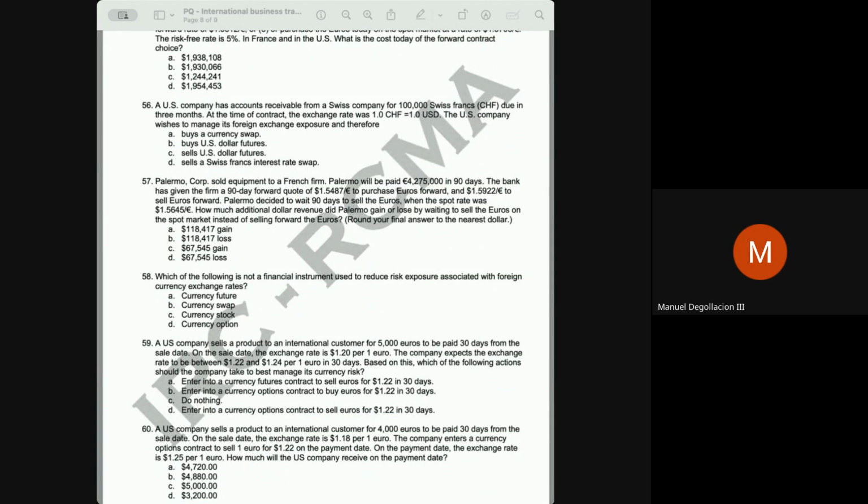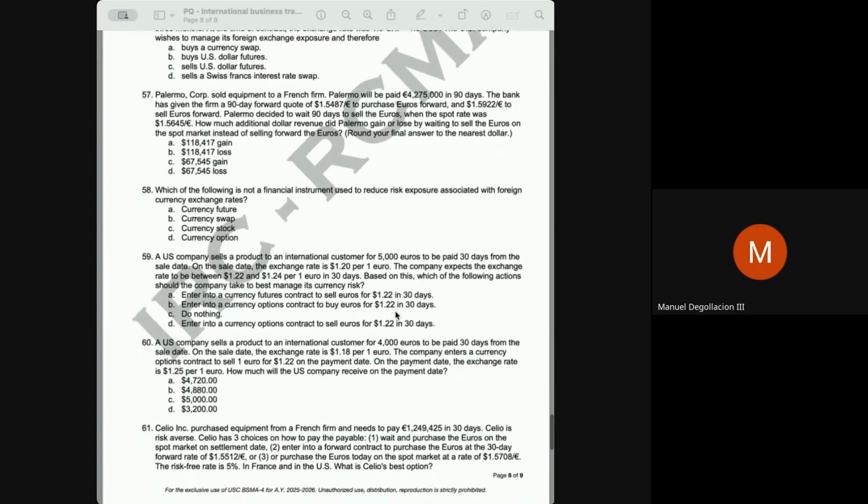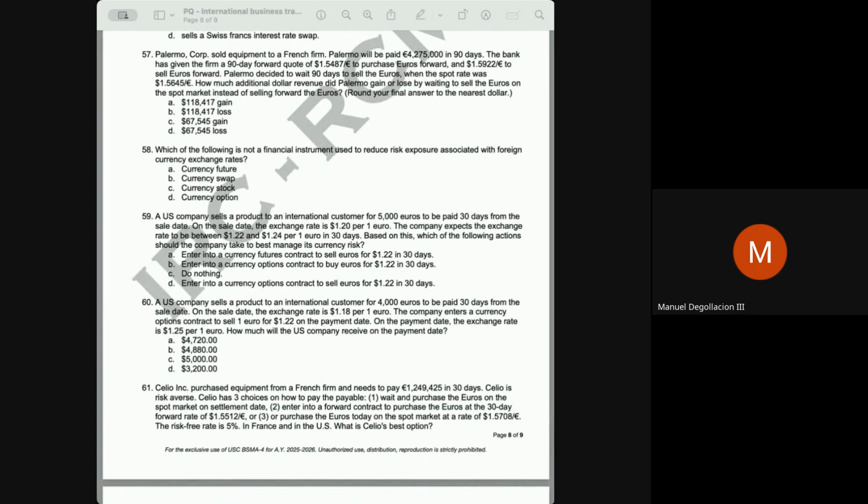57, answer for number 57 is letter B, 118,417 loss. Number 58, which of the following is not a financial instrument used to reduce risk exposure associated with foreign exchange rates? The answer here is simply letter C, currency stock.